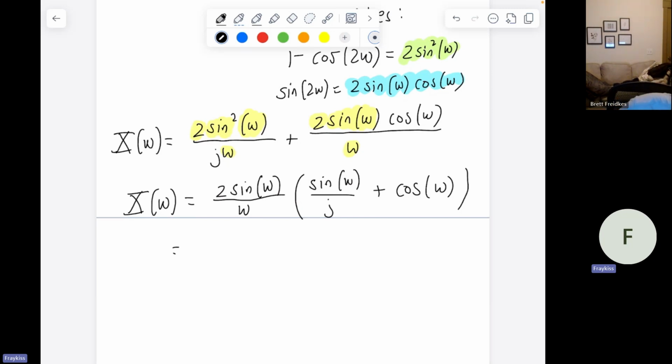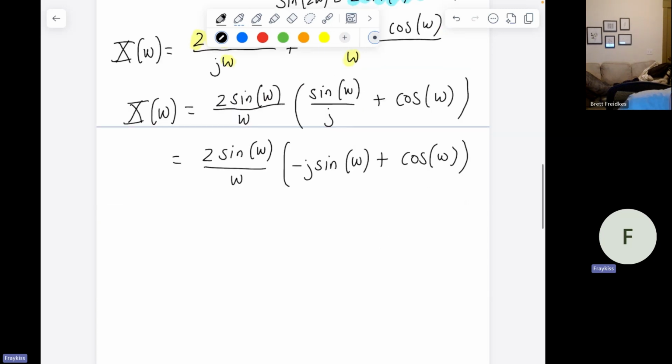If I keep going, I can rationalize the j. If I try to bring the j to the numerator, that implies that I'm multiplying by j over j, which introduces a minus 1. So it becomes minus j sine of omega plus cosine of omega.